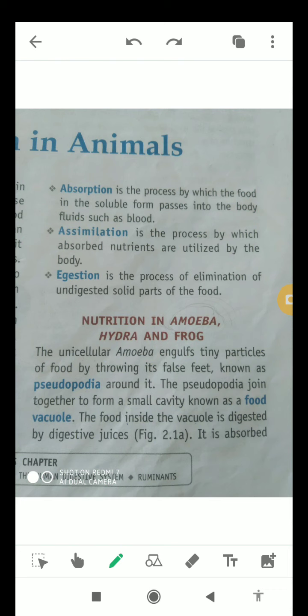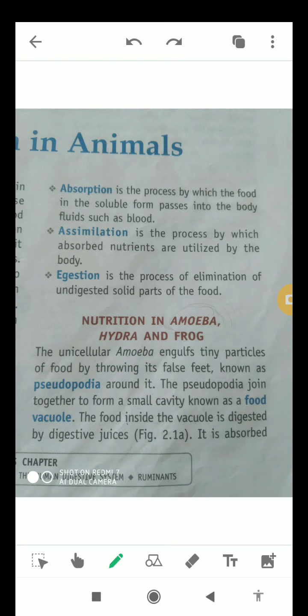Absorption is the process by which the food in the soluble form passes into the body fluids such as blood. So in this process, the food is passed into the body in the form of blood. The next step is known as assimilation. In the process of assimilation, the absorbed nutrients are now utilized by the body.